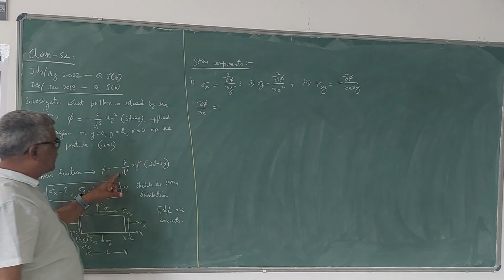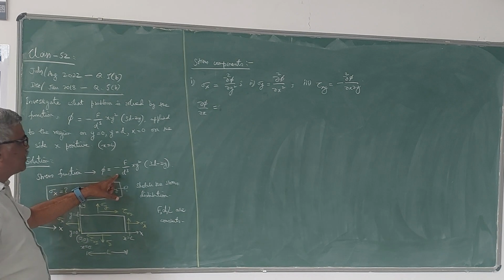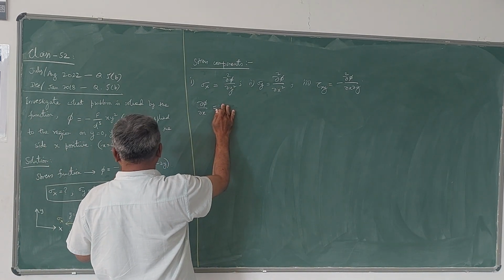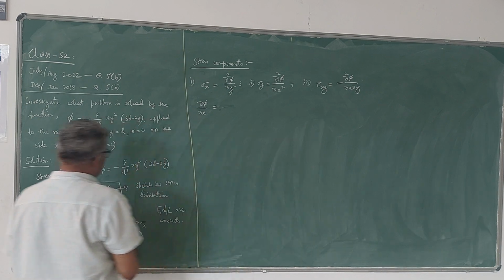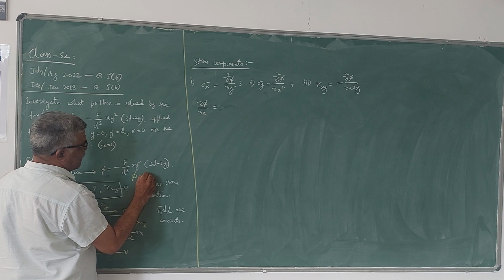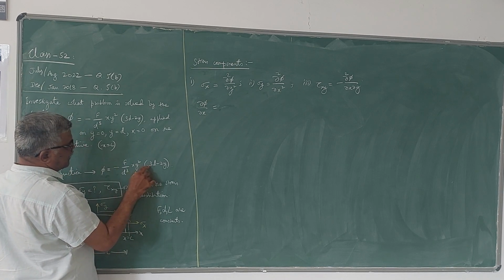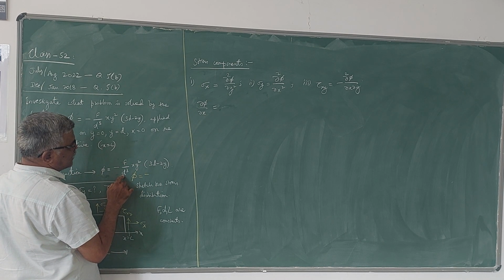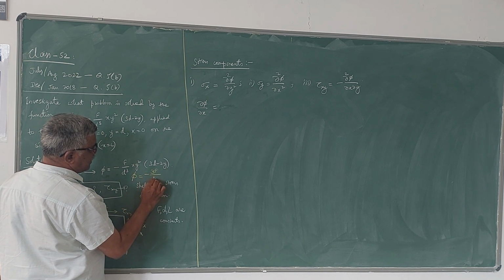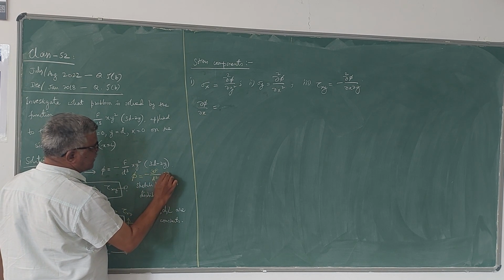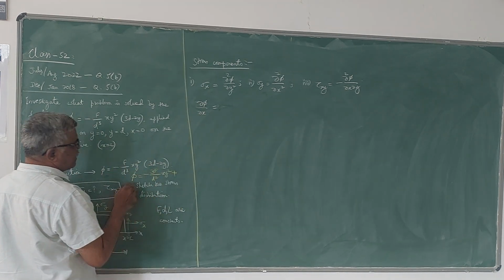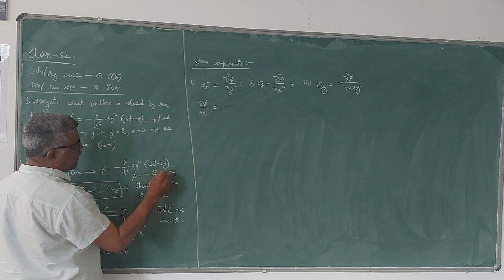F and d are constants. Please note that. You can split phi and separate the terms. Minus 3F by d square, since d and d will cancel, 3F by d square x y square is the first term. Second term, minus into minus becomes plus, 2F divided by d cube.